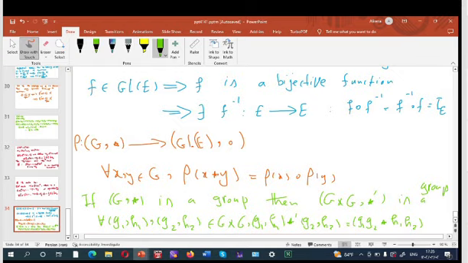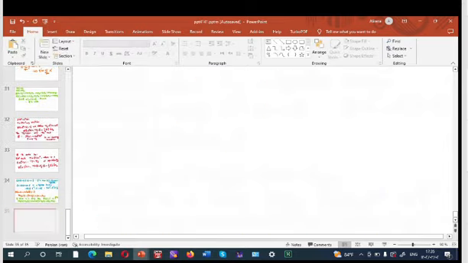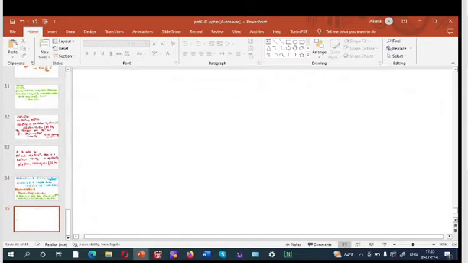And this is very trivial that this is a group, because you have the identity element (E, E).